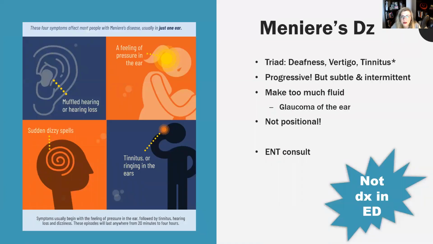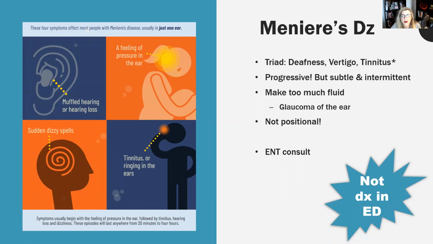Now, Menieres disease is another peripheral problem. Menieres disease comes with a triad, which again, remember, it's not always the initial presentation, but it's going to be the vertigo with this ringing in their ear and some hearing loss or deafness on that side. Menieres disease is a pretty serious situation.